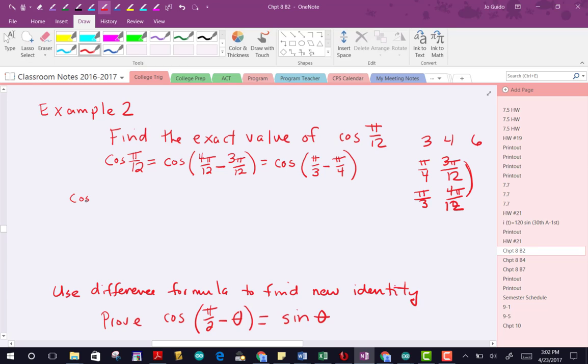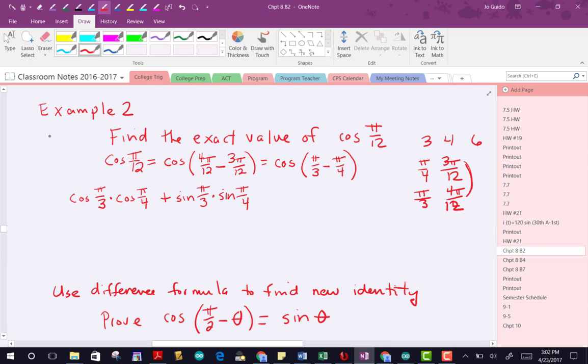Pi over 3 is kind of up top in our unit circle. Its cosine is a half. Pi over 4 is a matchy-matchy. Sine of pi over 3 is square root 3 over 2. Sine of pi over 4 is square root 2 over 2.